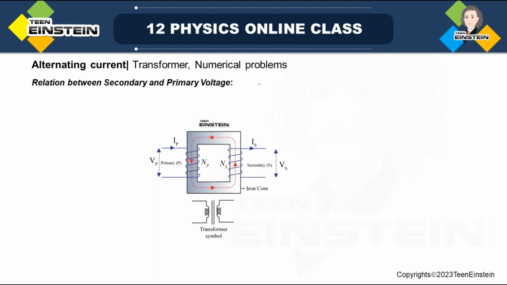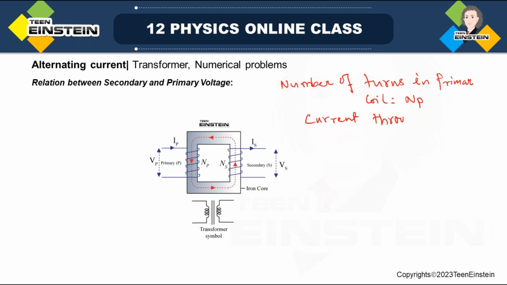Suppose the number of turns in the primary coil is NP, and the current through the primary coil is IP, as you see here.